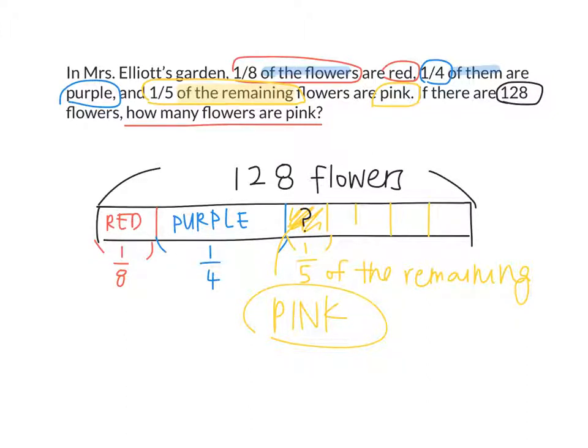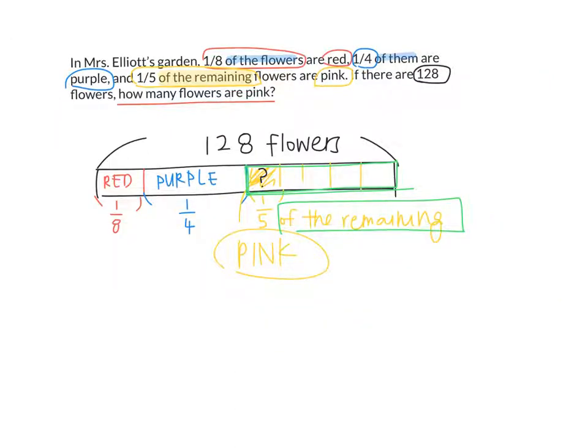Well, we first have to find out how much is remaining, right? In order to find out 1/5 of the remaining, we need to find out, well, what is the remaining? How can we find out what the remaining is? Talk at your table groups. In order to find out how many flowers are remaining, because we want to find 1/5 of what's remaining, we have to first find out, okay, how much are red and purple?